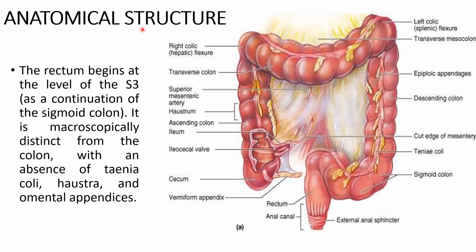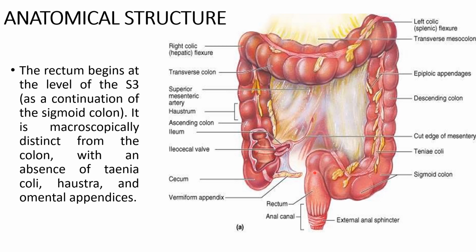About its anatomical structure. The rectum begins at the level of S3 as a continuation of the sigmoid colon. It is macroscopically distinct from the colon with an absence of taeniae, haustra and omental appendices. This is the rectum.